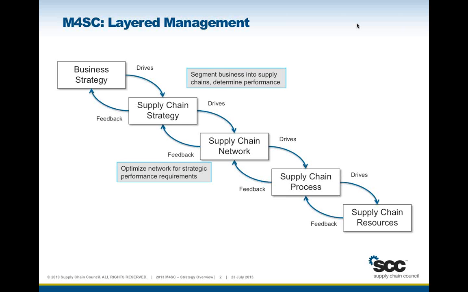The second box, supply chain network, we talked about how you basically take the objectives for the supply chain, so the strategy, and translate that into the most optimal way to organize the supply chain itself. So the layout of the supply chain, that's what we refer to as the network.